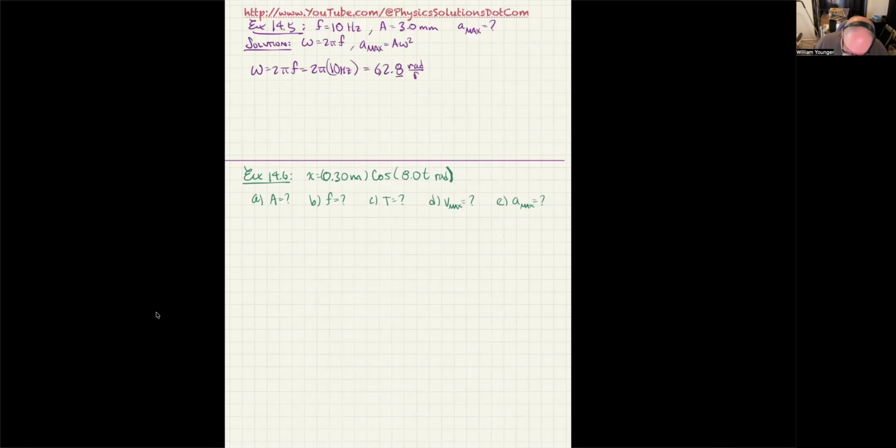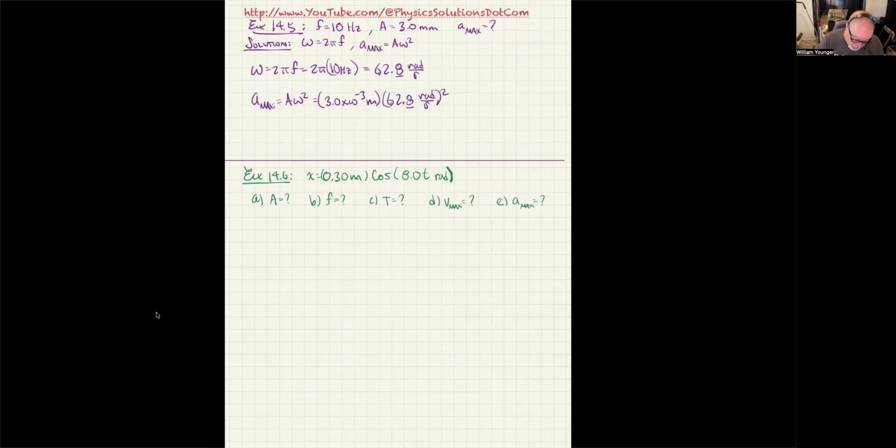So that fixes that. Now that we have that, and we have the amplitude, we can go ahead and say that A max is equal to A omega squared. So that's going to be 3.0 times 10 to the negative third meters, because it was millimeters. And then I'm going to take that and multiply it by 62.8 radians per second, but that's got to be squared.